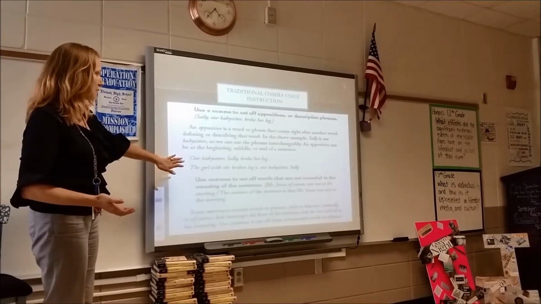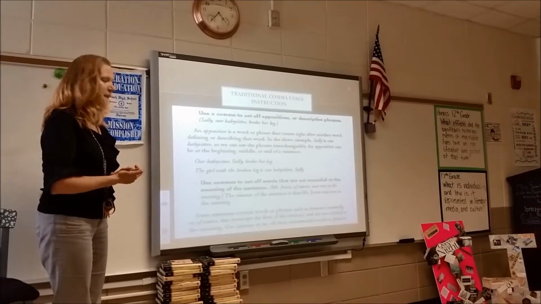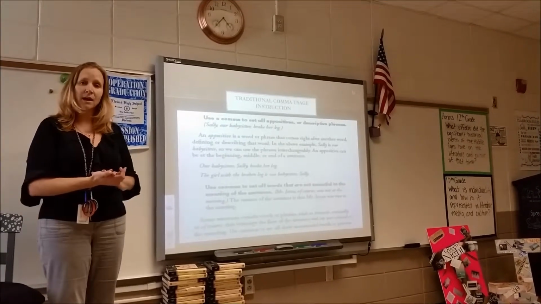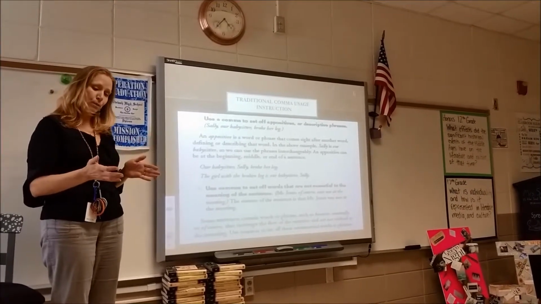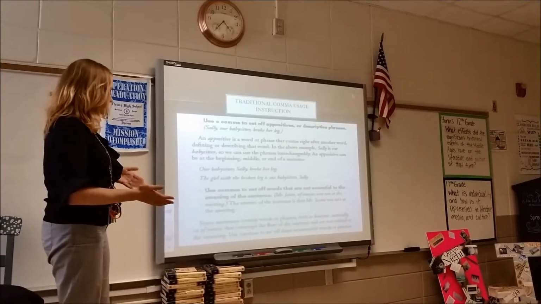It gives a few examples, and it says our babysitter Sally broke her leg, and the sentence would stand just fine as our babysitter broke her leg. Those commas are put in there to set off the additional information that gives more detail.